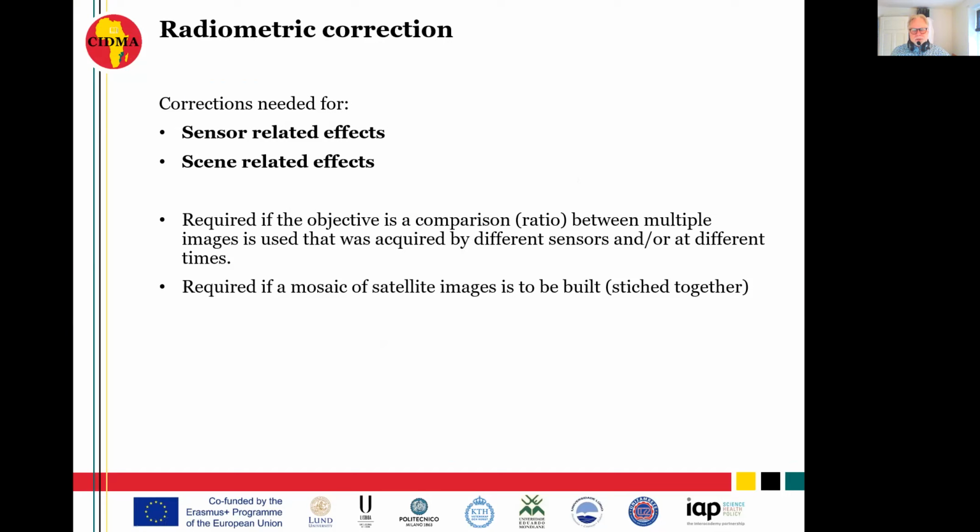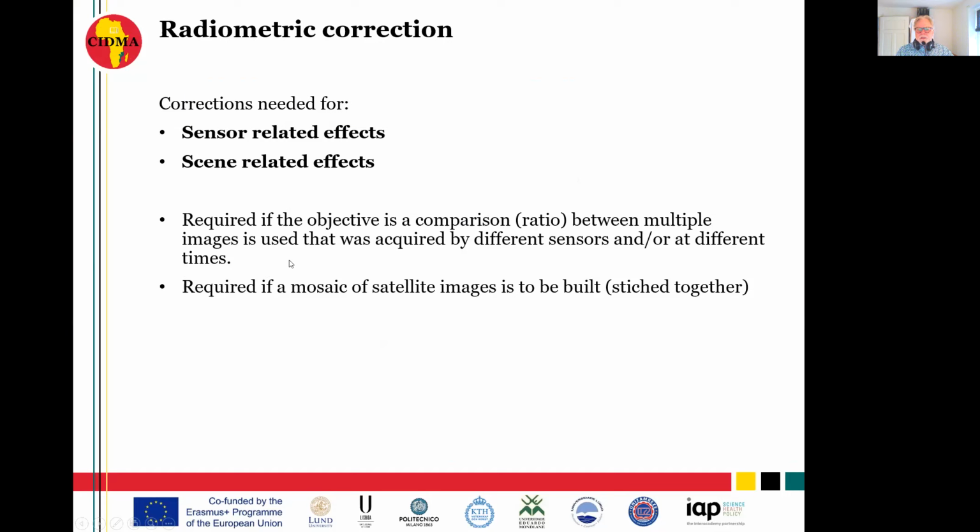taken by different sensors. Maybe I have one satellite image that was taken by the multispectral scanner, a Landsat MSS image, and the other one was taken by the Landsat TM sensor, which have slightly different sensors, and I need to correct for that difference in the sensors, or if they are just taken at different times.